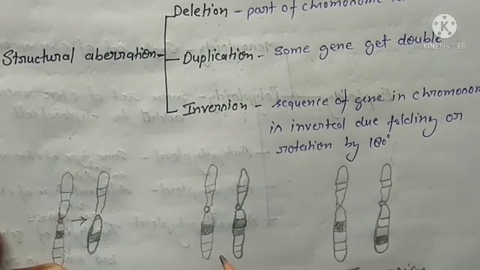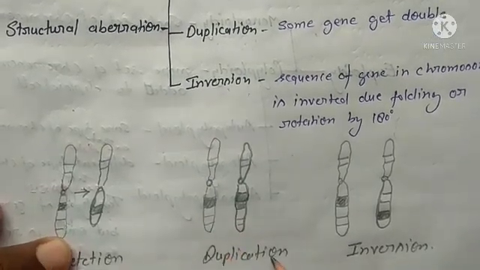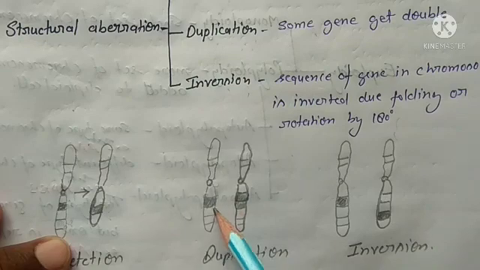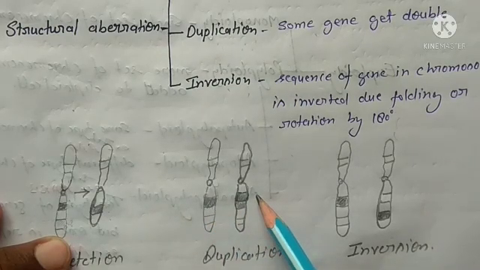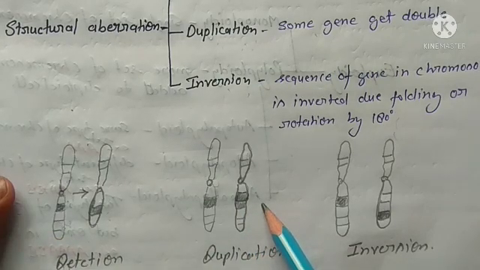In this example, this segment of the chromosome has become double, so that type of aberration is known as duplication aberration.